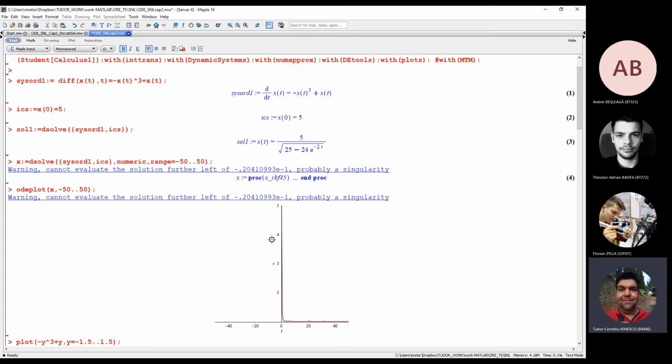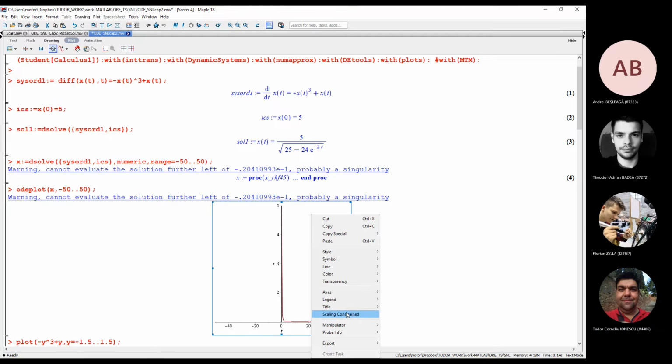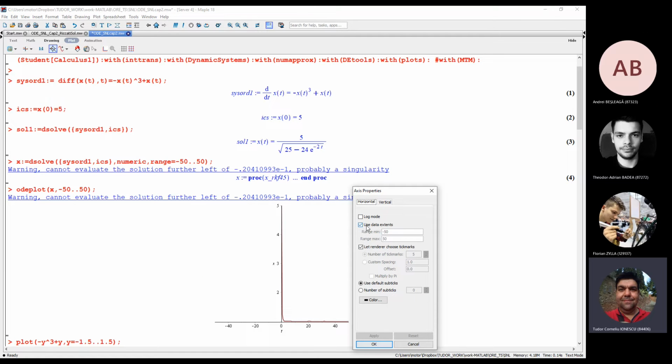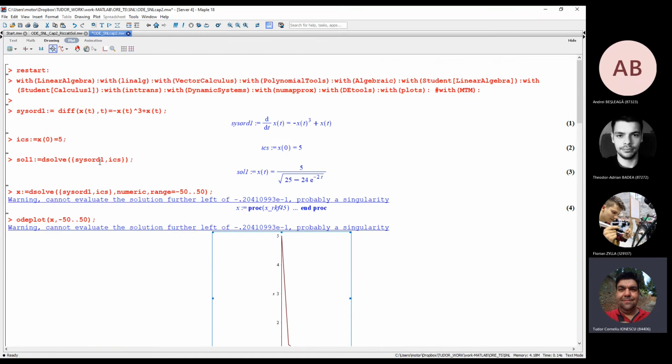It's coming from somewhere, vertical asymptote to the left. It's a bit different than the second order equation we saw in the first example, the Riccati equation. It's not the Riccati because it's x cubed. The vertical asymptote from the negative side.